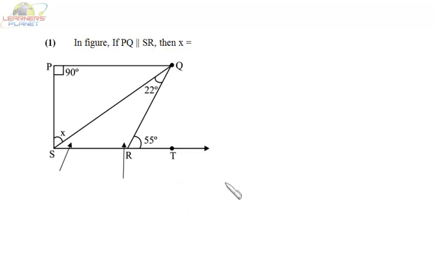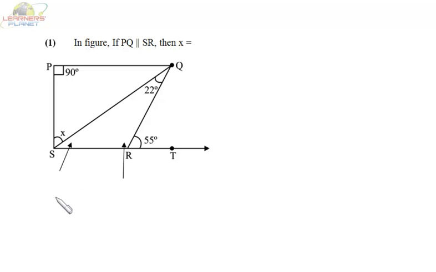Now in this question, PQ is parallel to SR, and we have to find out this angle. Okay, now this angle and this angle, so this complete angle and this angle, both of them are interior opposite angles.